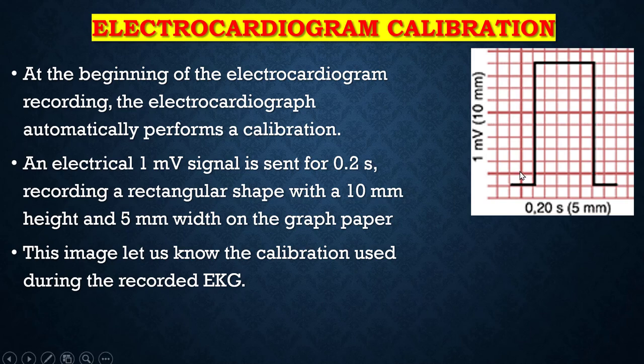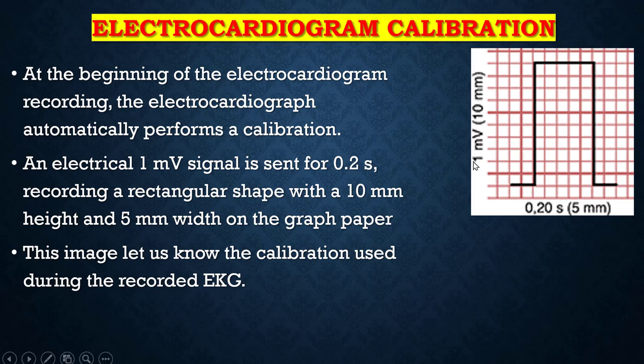This is an N-shaped sign which is present at the beginning or the end of the ECG, and it contains vertically 10 small squares and horizontally 5 small squares.